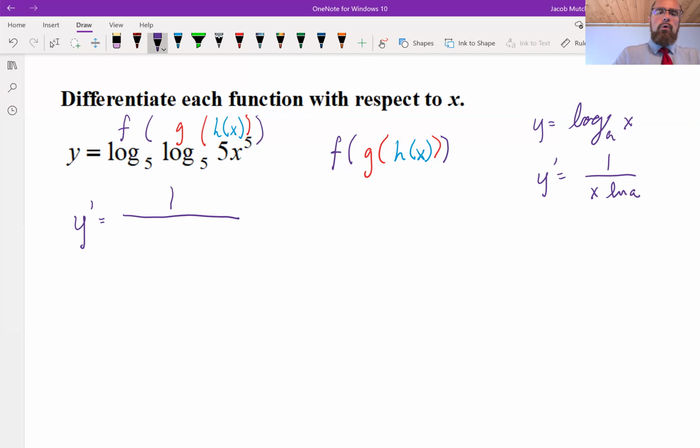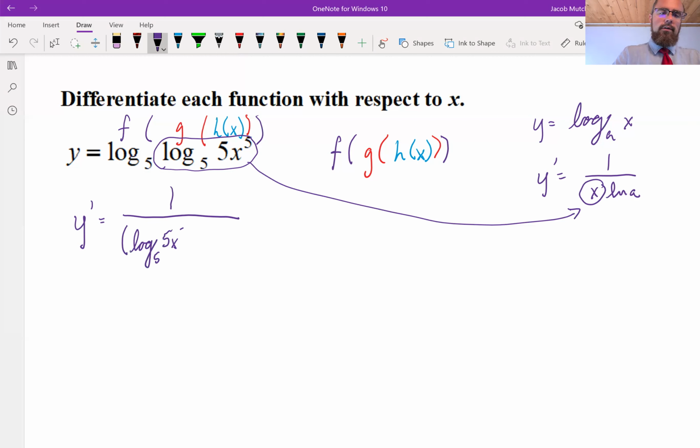This whole piece is going to go in for the first application of chain rule to that x. So it's going to be over log base 5 of 5x cubed, and then times the natural log of that base, which is 5.